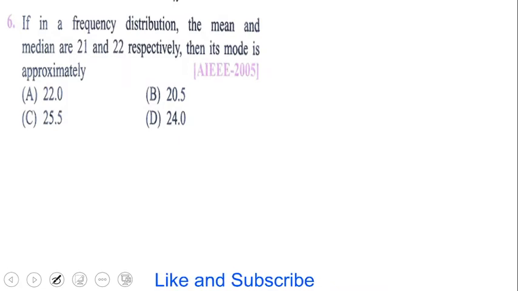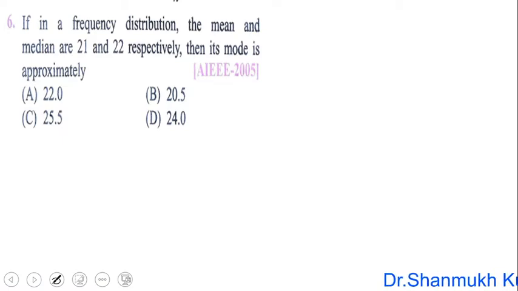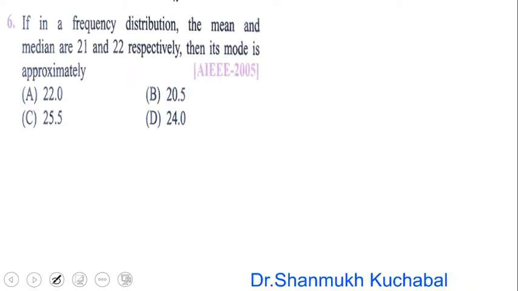Okay, we'll move to our next example. The question is, if in a frequency distribution the mean and median are 21 and 22 respectively, then the mode is approximately what? That value we have to calculate.